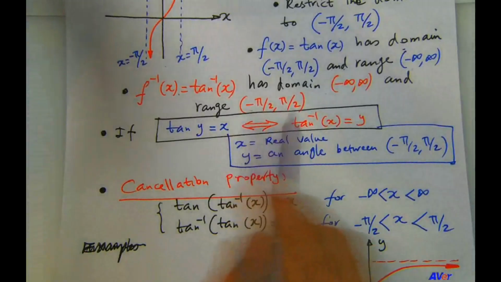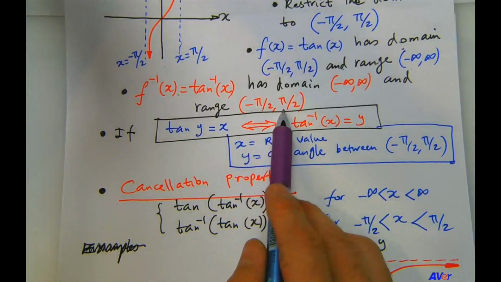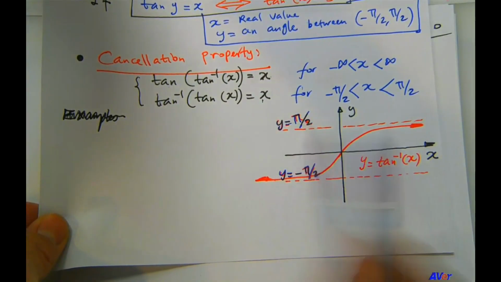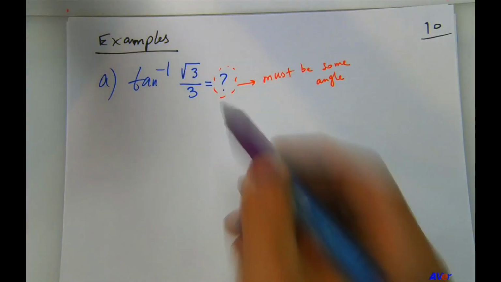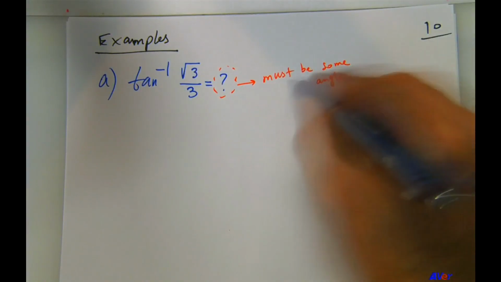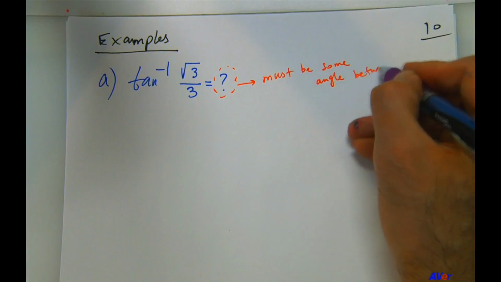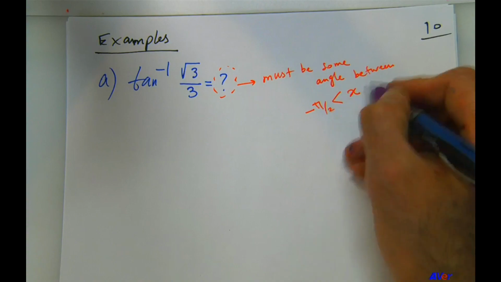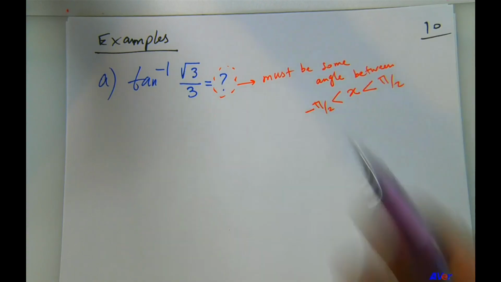Some angle in this range, minus pi over 2 to pi over 2, right? It cannot be beyond that. So which one is it?